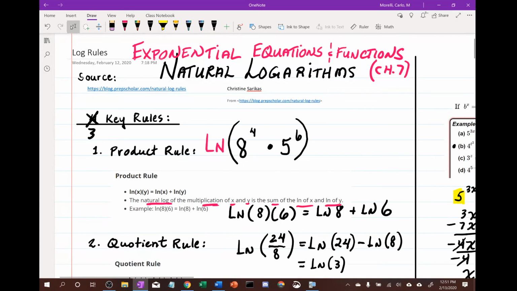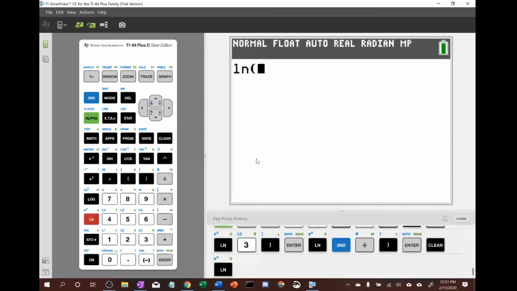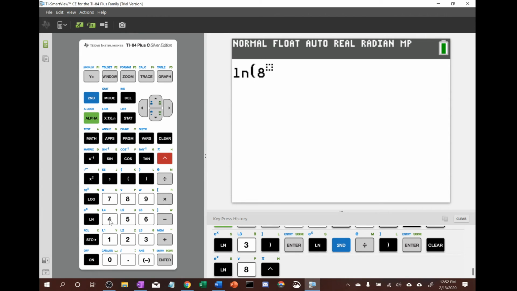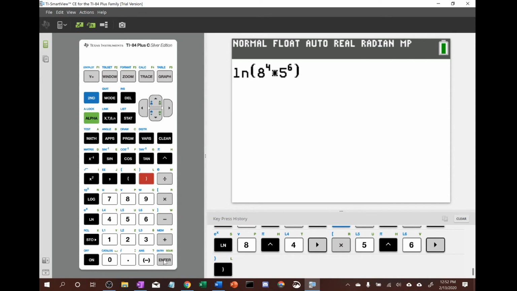And let's look back at what we want to type: 8 to the 4th power times 5 to the 6th power. So we're going to put 8 exponent 4, right arrow key, times 5 exponent 6, right arrow key, close parentheses, and then we're going to hit enter.